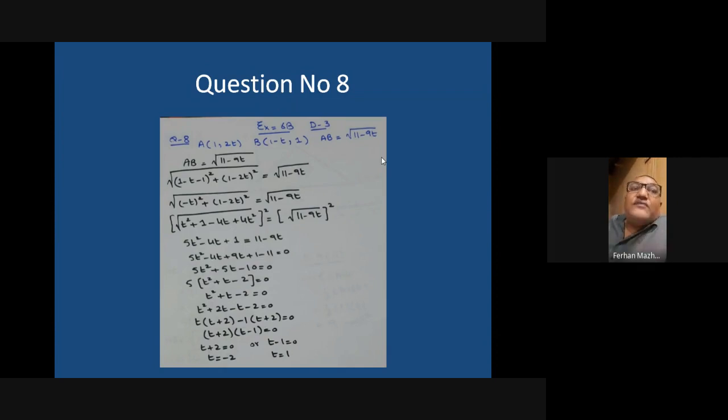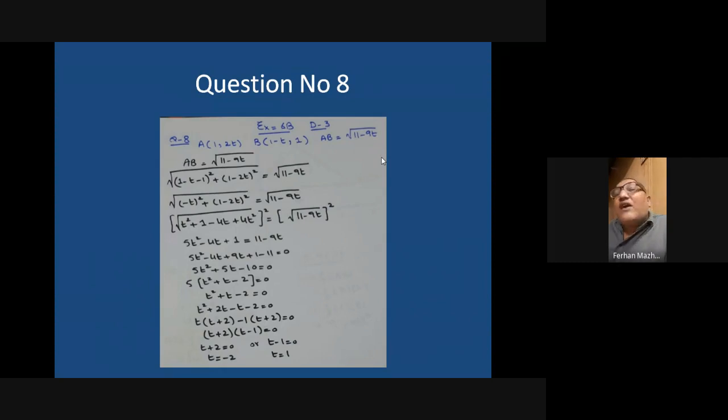So now you have t square plus 4t square, that gives you 5t square minus 4t plus 1 equals 11 minus 9t. Bring 11 and minus 9t from the right side to the left side. So you will have 5t square minus 4t plus 9t plus 1 minus 11 equals 0.